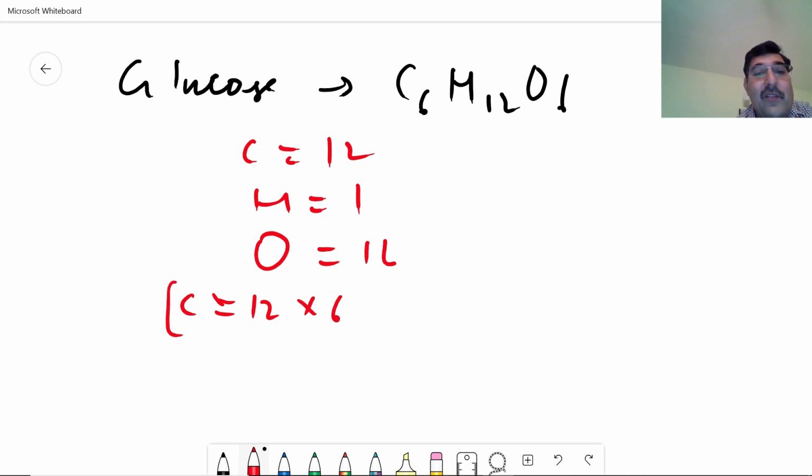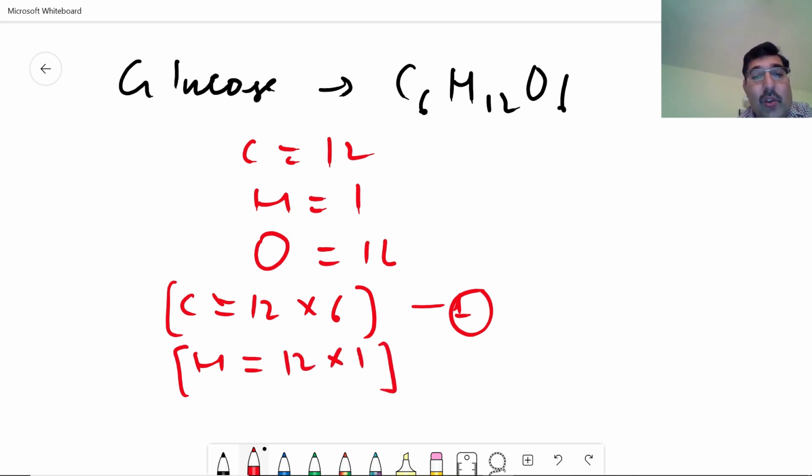The second part is hydrogen, 12 times 1, because the relative atomic mass of hydrogen is 1.